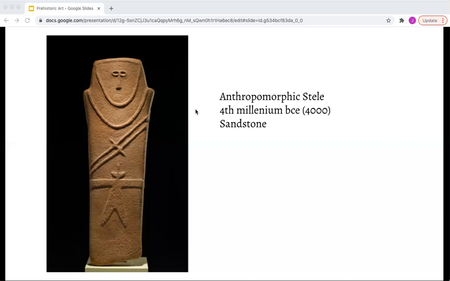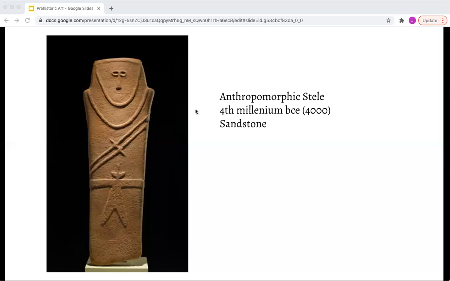It's only kind of temporary due to a changing climate. So they would occupy these areas very seasonally, but they would come back to them repeatedly. So we're starting to move into more of a settled sort of community.